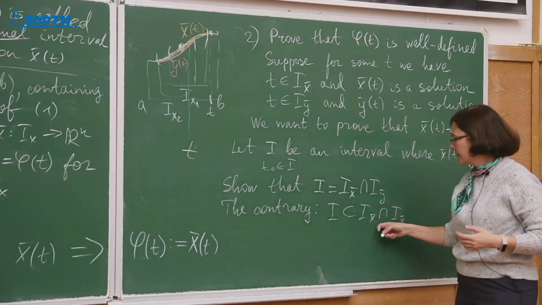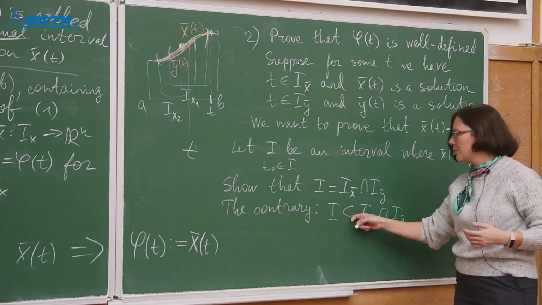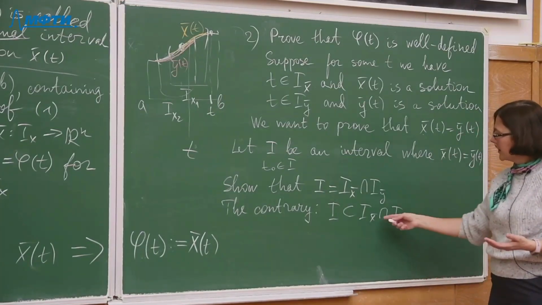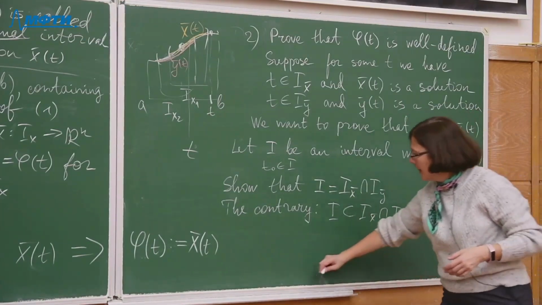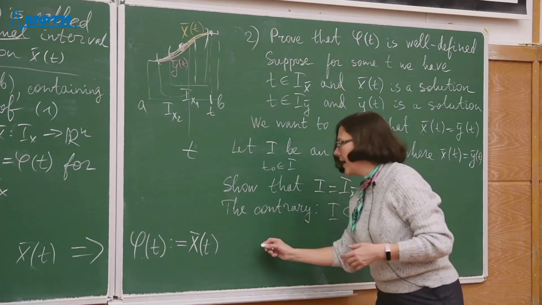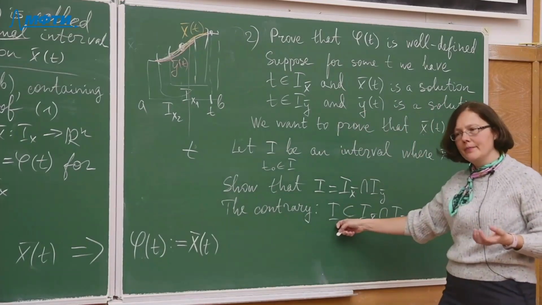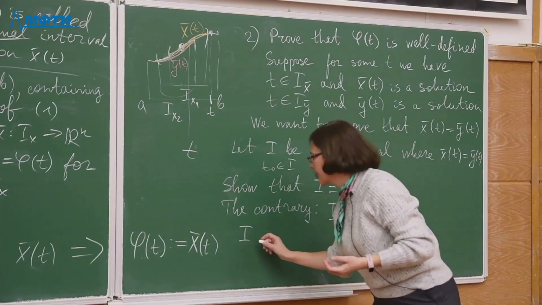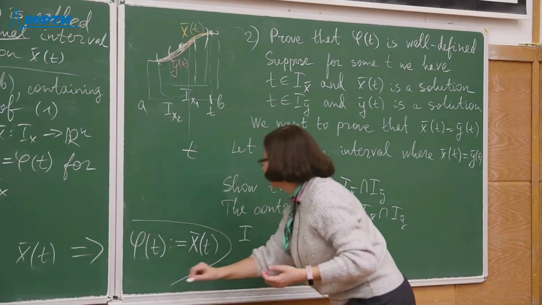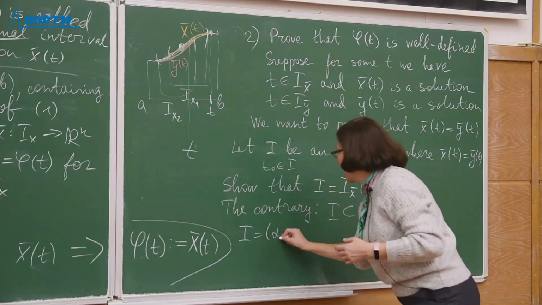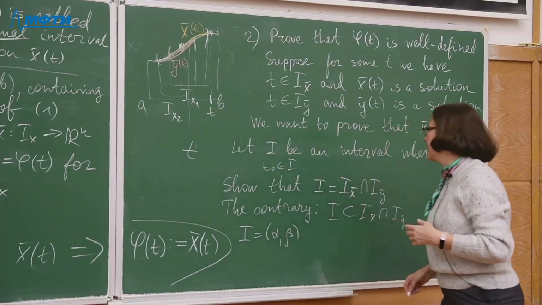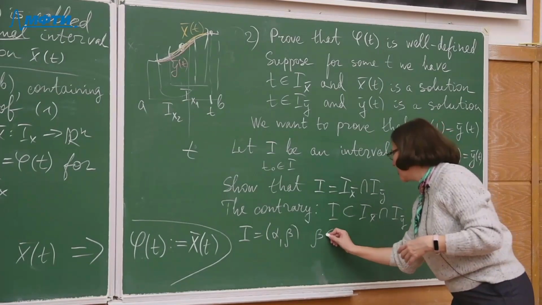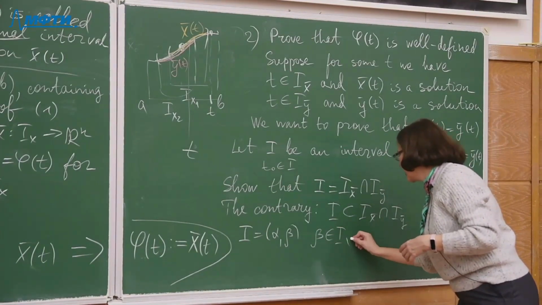If I is a proper subset, if it doesn't coincide with this intersection, then there exists an endpoint of I. So I maybe equals the interval from alpha to beta, and suppose beta is in the intersection.